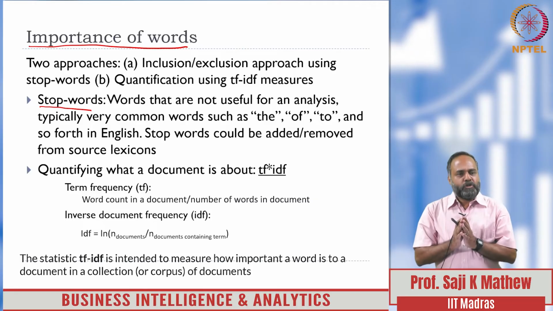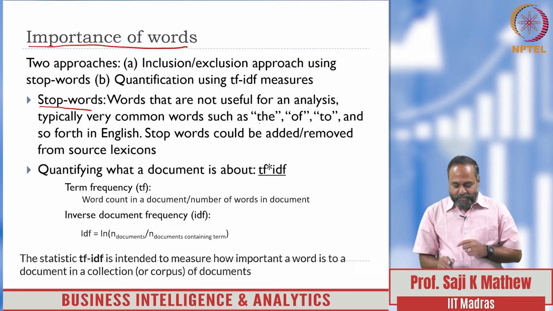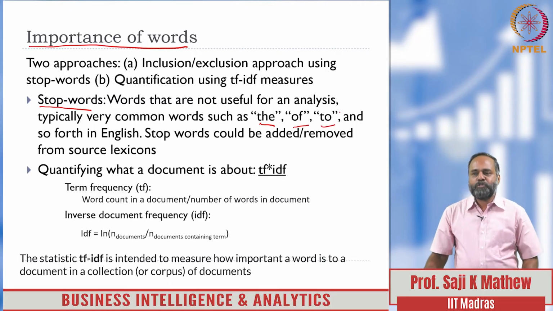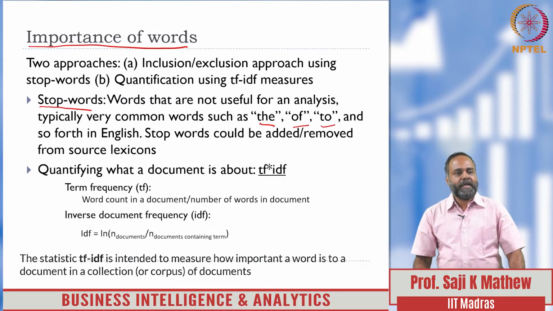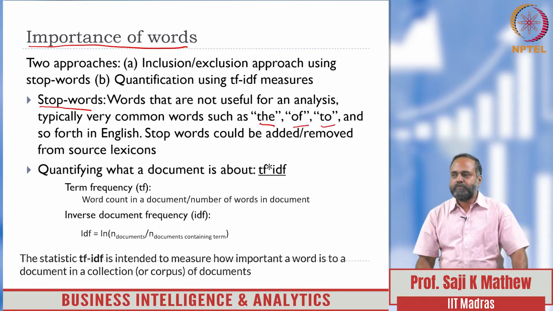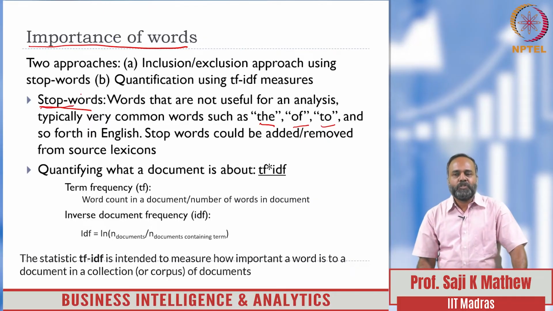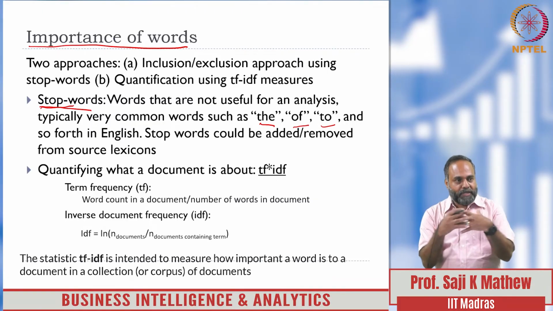These words make no sense. For example, how many times the is coming, how many times of is coming, how many times to is coming, does it make any sense? It does not. That is not a count you are interested in. So, you want to stop those words from occurring in the analysis.